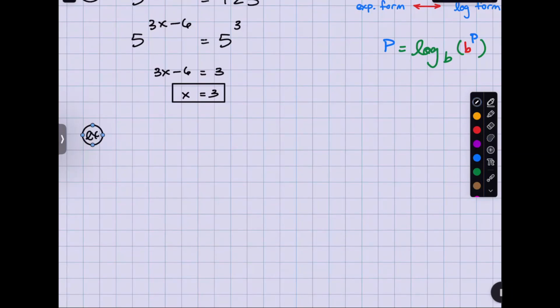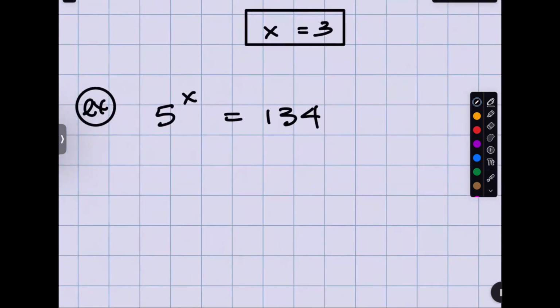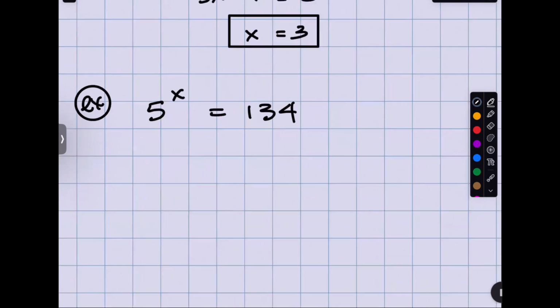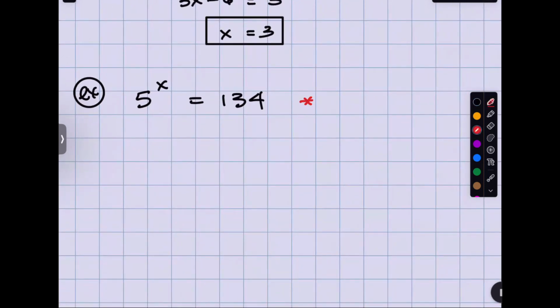So let's say I got that. If I can't get the bases the same, what can I do? So I want to show you guys this. This is really the only lesson today.